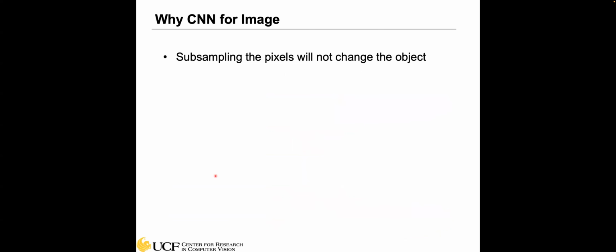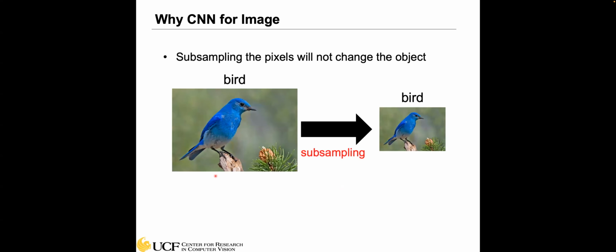Then the third property is that subsampling the pixels will not change the object. If this is a bird image and we subsample it, for example selecting columns 1, 3, 5, every two columns, and doing the same for the rows, we are able to reduce the spatial size by half, maybe even by a quarter.